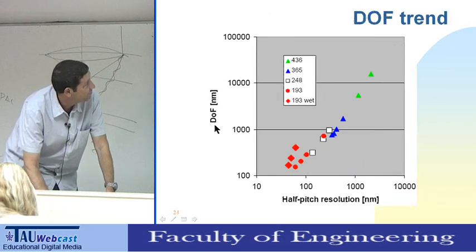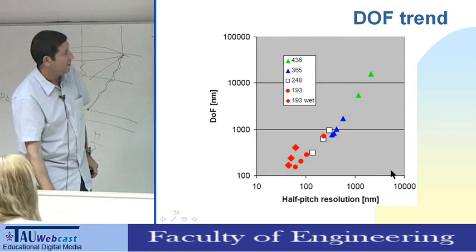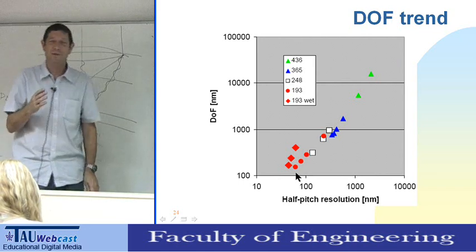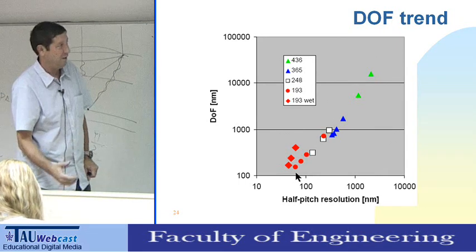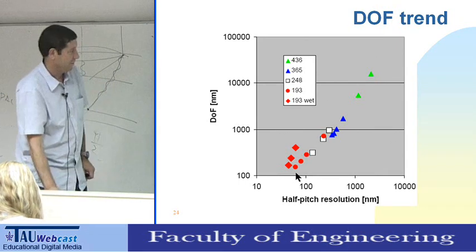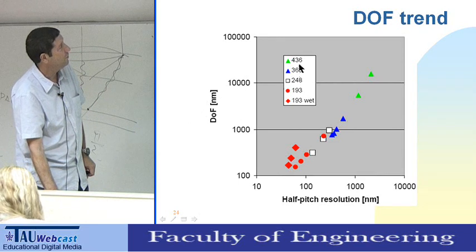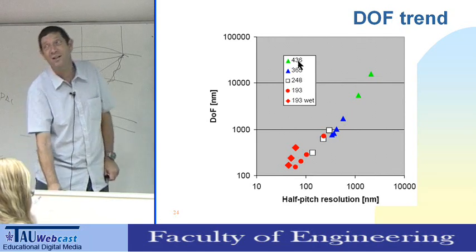You can actually plot the depth of focus versus resolution. Here the advantage of immersion lithography is even more clear. This is the depth of focus from the good old days, from 438 nanometers, which was the early 90s.